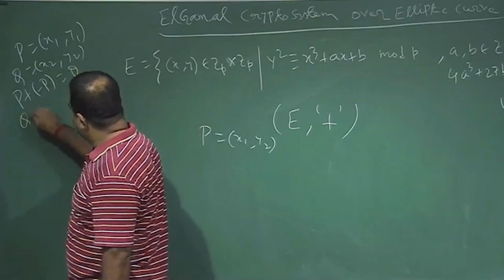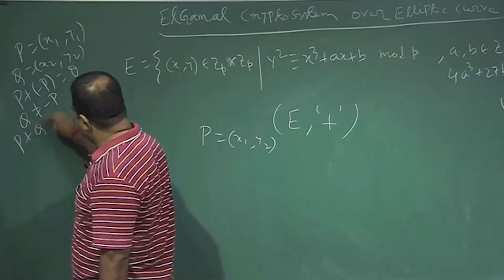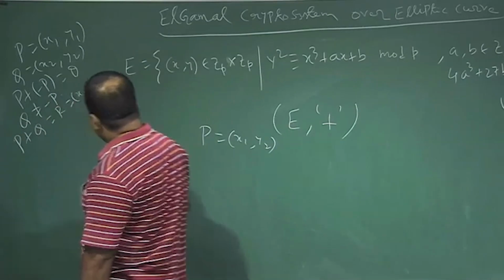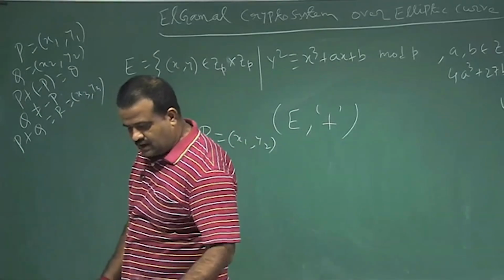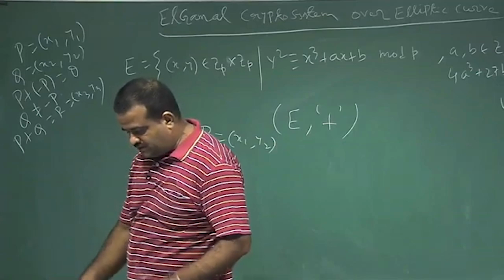Now if Q is not equal to minus P, then P plus Q is R, which is x3 y3, and we know the formula for this.